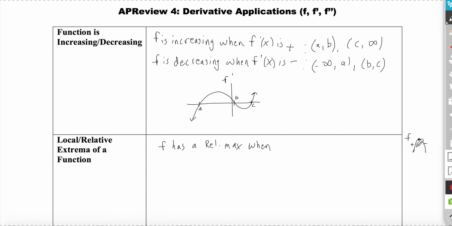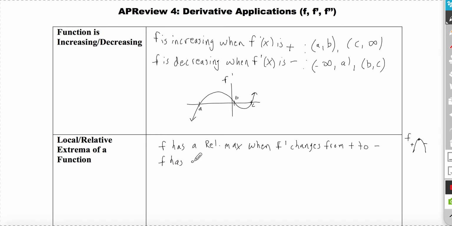That means f is changing from increasing to decreasing, right? So we could say f has a relative maximum when f prime, the slope, changes from positive to negative.